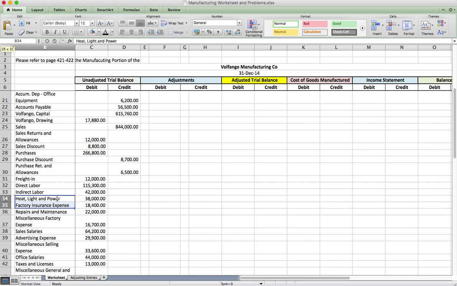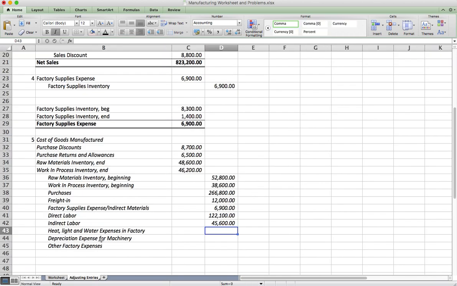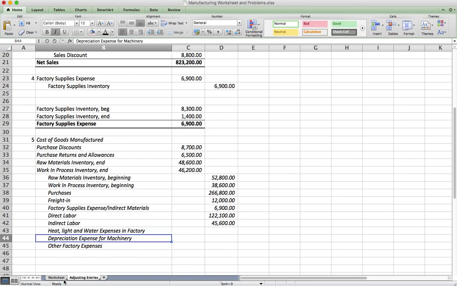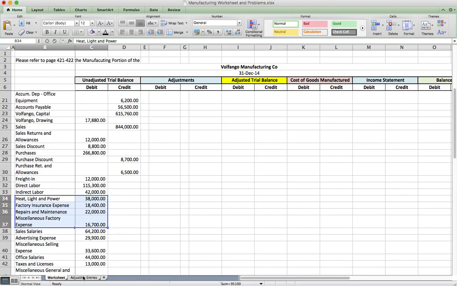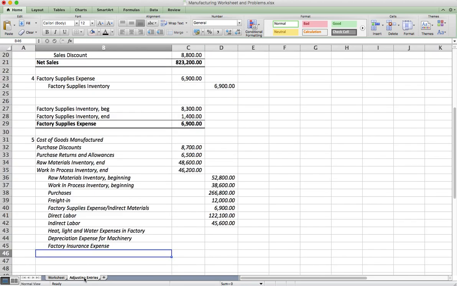Ito yung mga expenses for factory. Yan. Ito lang. Heat, light, and power, factory insurance expense, repairs and maintenance, and miscellaneous factory expenses. Nalagyan natin doon. Heat, light, and then depreciation for machinery. Don't forget, meron tayo adjusting entry kanina. And then factory insurance expense. Repairs and maintenance and miscellaneous factory expense.